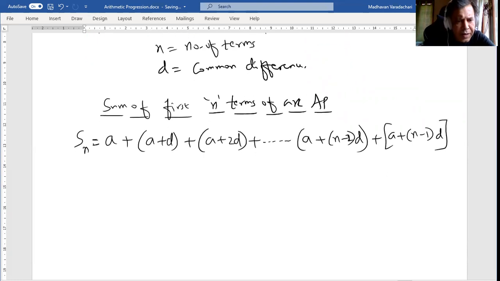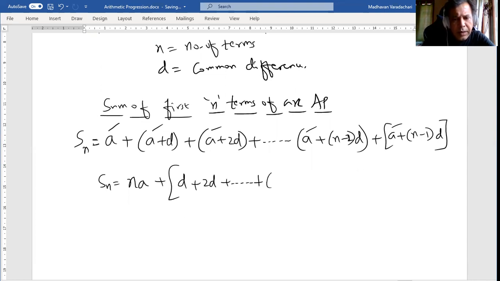So if I want to evaluate this, I will first add all these A's. How many A's are there? There are n A's, so I can write n times A. Now if I consider the D terms, the first one is D, then 2D, and so on, n minus 2 times D plus n minus 1 times D. Everywhere you may notice D is common.